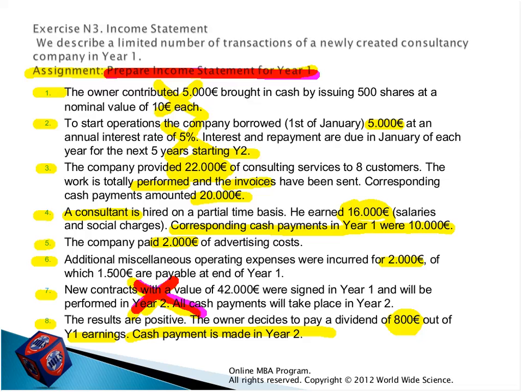You have to try to interpret this transaction correctly. It might confuse you, but it will help you in the future. If you face the same situation or the same kind of assignment, you will know whether you should recognize it or not. Should you record this kind of transaction in your income statement or not?